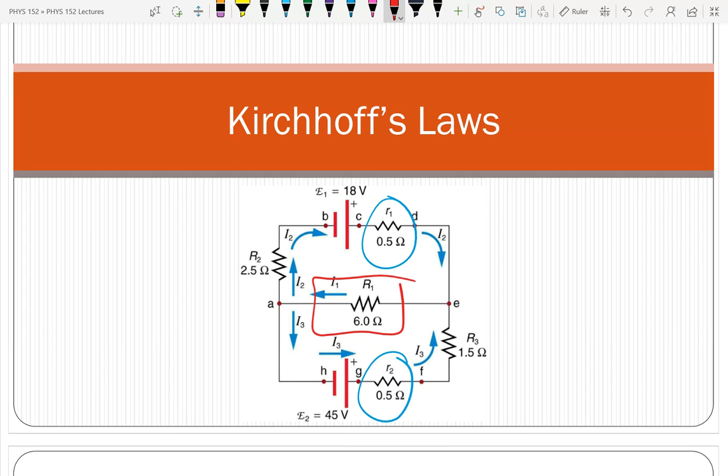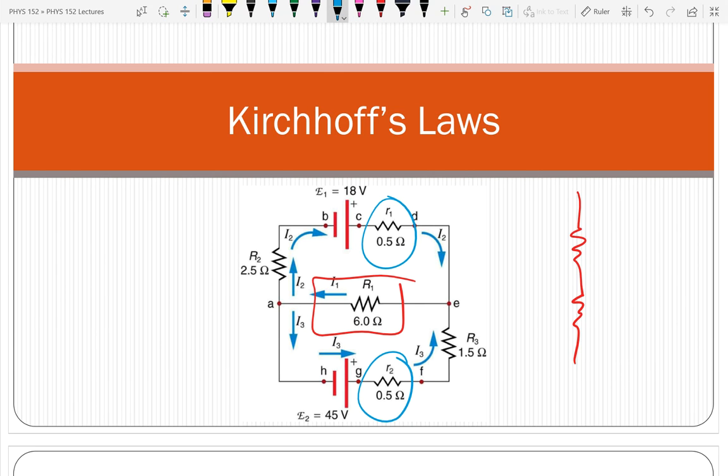Remember, if it's in series, there has to be no other option but the current that goes through one must go through the next. That's series. And for parallel, the tops of the resistors and the bottoms of the resistors have to be connected together.